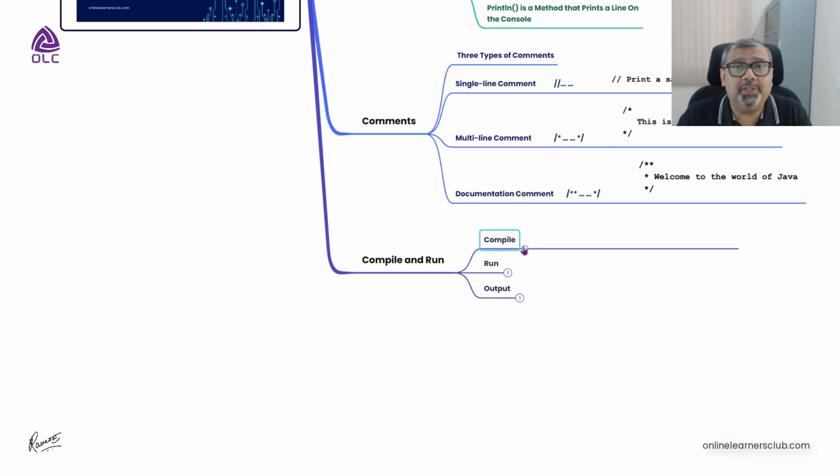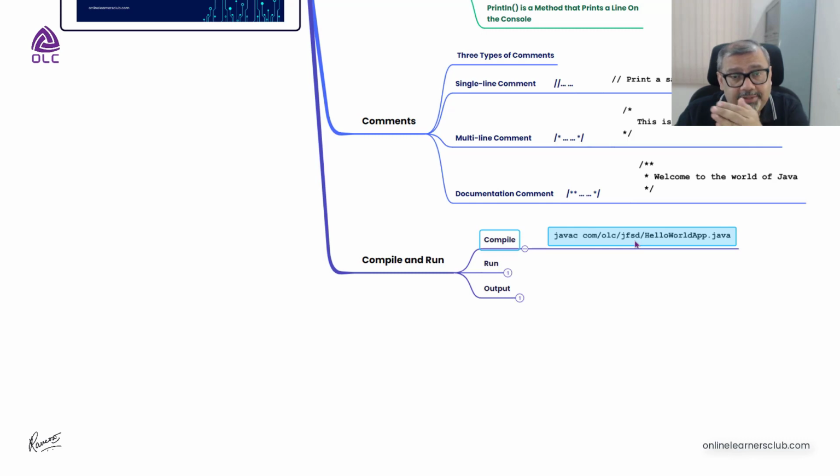And then once this code is written, I should compile. Remember, I was talking about the javac utility. So javac is a tool for compiling Java code. Assuming that you are in some specific folder, say the root folder, you create multiple folders representing your package. So in our case, com, olc, jfsd is a package.